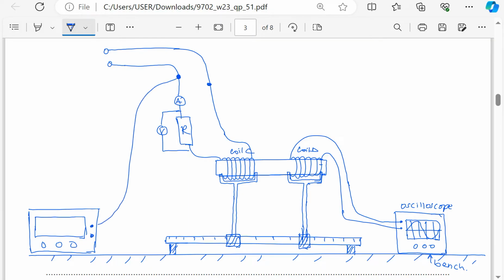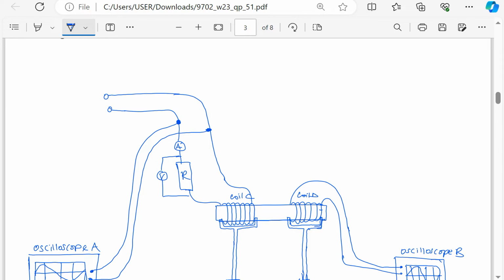It is across. So this is another oscilloscope. Let me call this one oscilloscope A, and I'll call this one oscilloscope B to distinguish the two, because A is going to give me both V and F, and B is going to give me E.